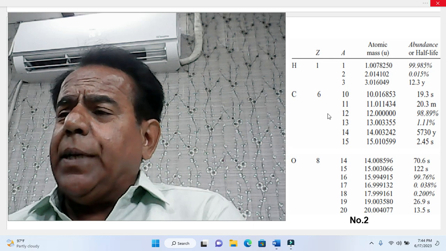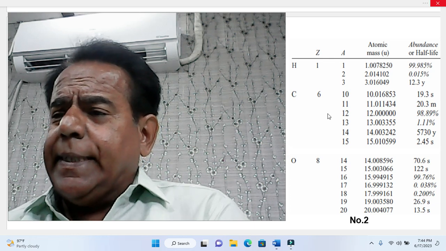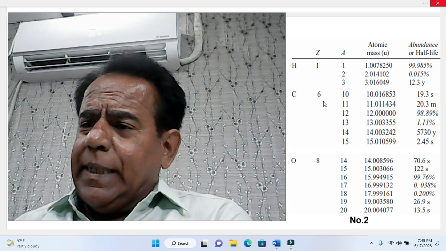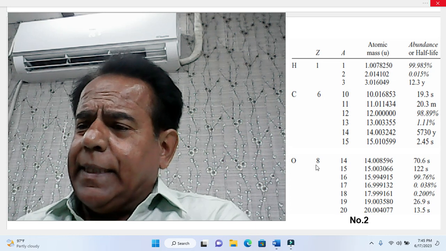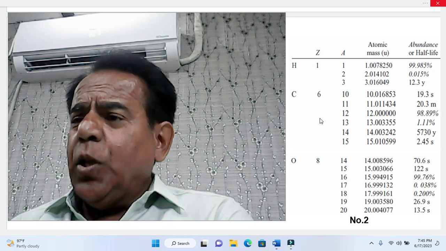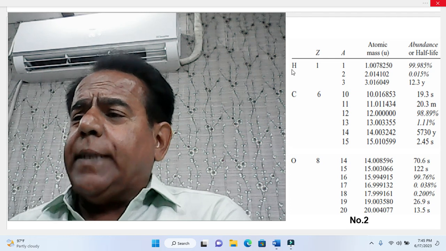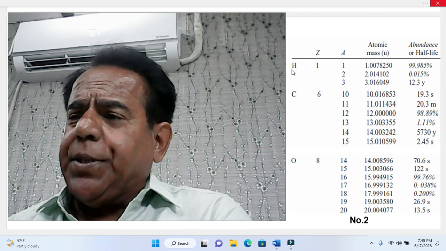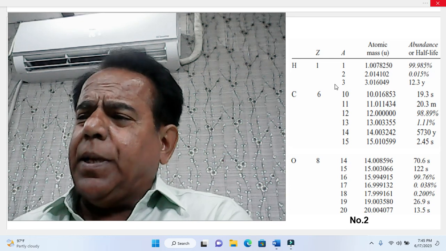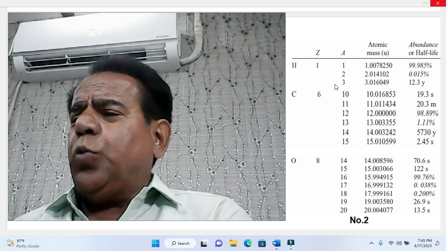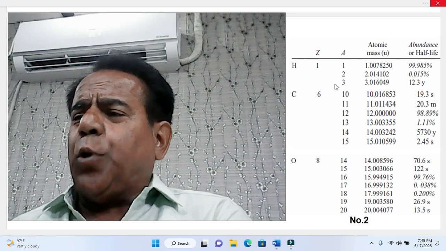So from here we can see that this number 6 is what and this number 8 is what. Data regarding hydrogen has been included just in order to ensure continuity of this table about chemical properties of elements.